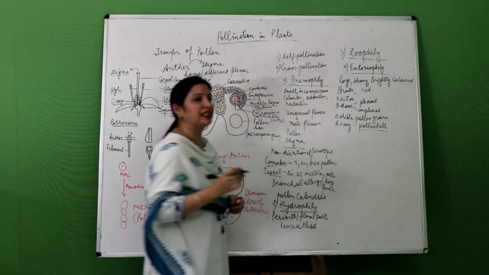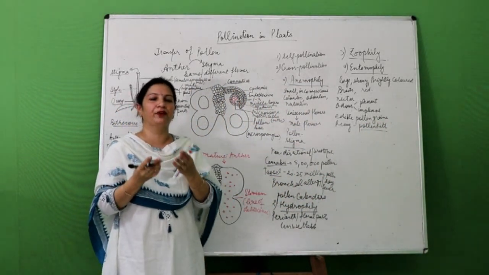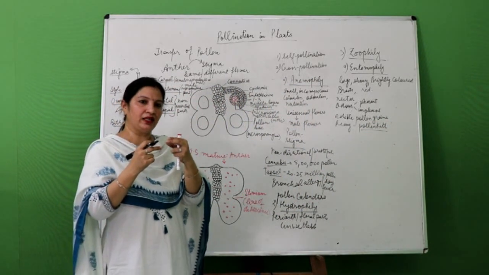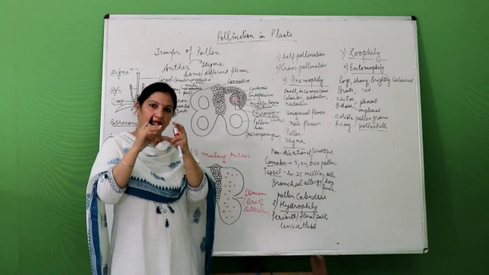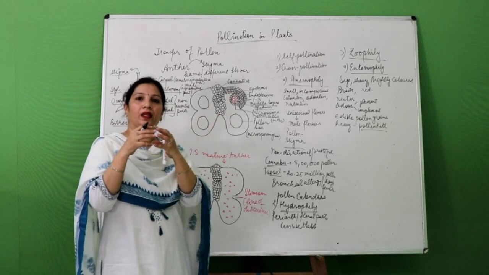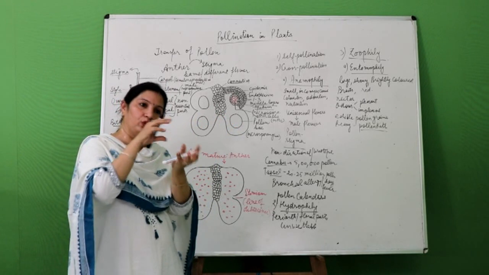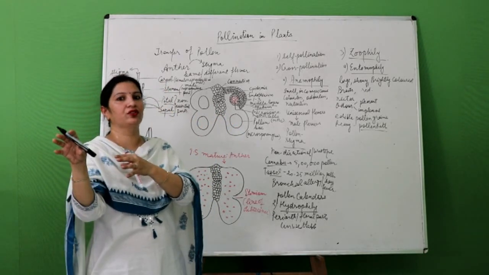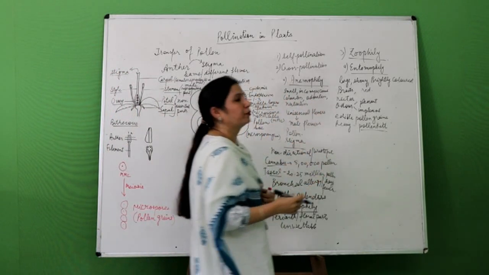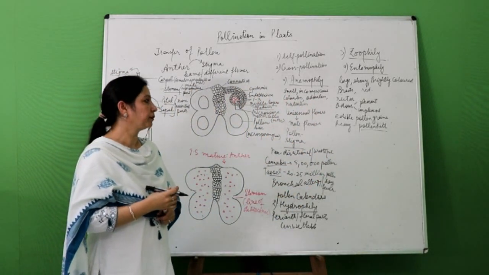This pollen kit is a sticky substance made up of carotenoids or lipids which coat the pollen grain. When the insect visits the flower, this pollen kit sticks to the legs of the insect, and those insects then carry these pollen grains to some other flower. So in this process, insect pollination occurs.